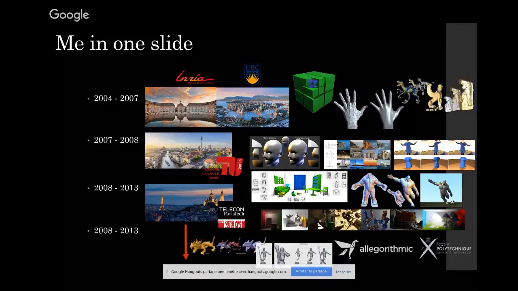Since then, I did a bunch of things. Today's talk will be mostly about shape approximation, which is one breed of shape analysis. I also became a professor at Polytechnique, and for 3 years now, a chief scientist at the Algorithmic company.